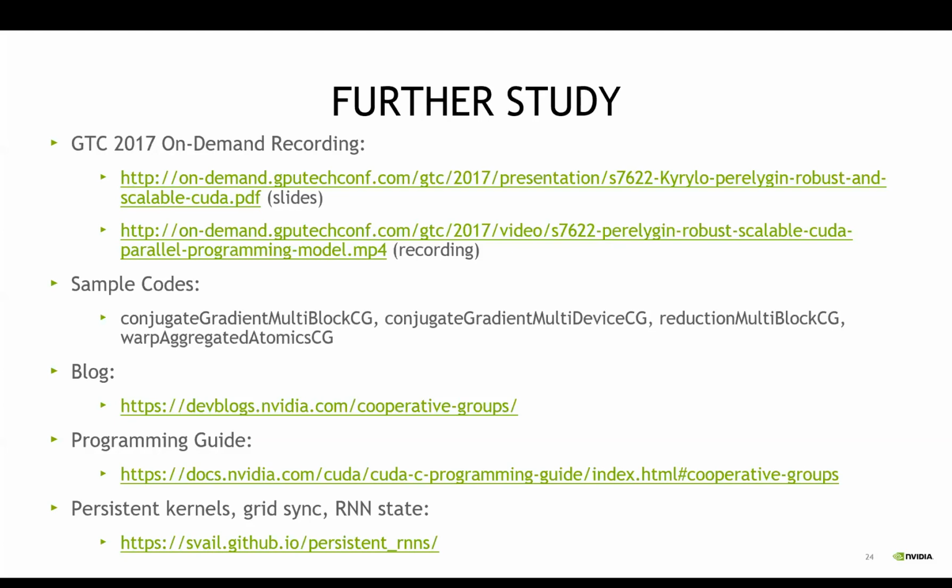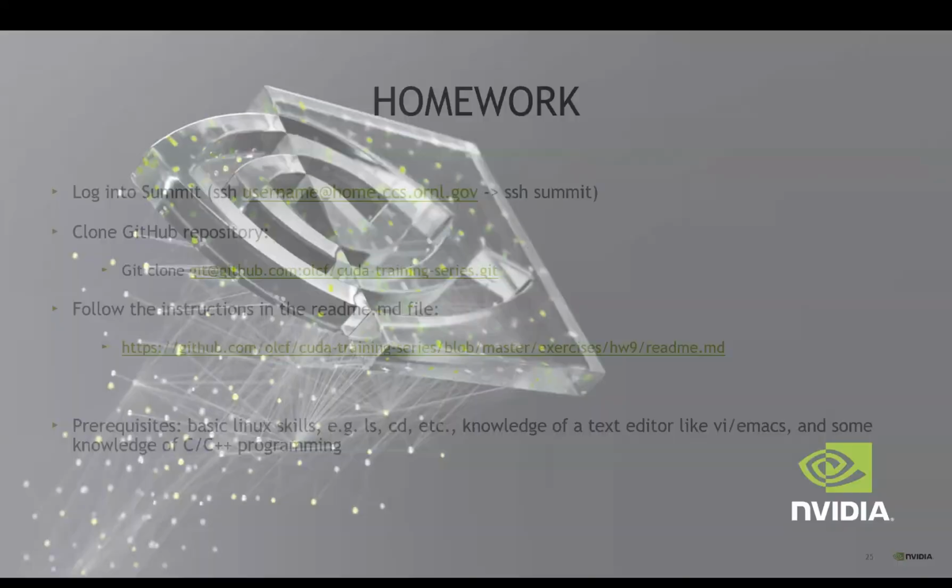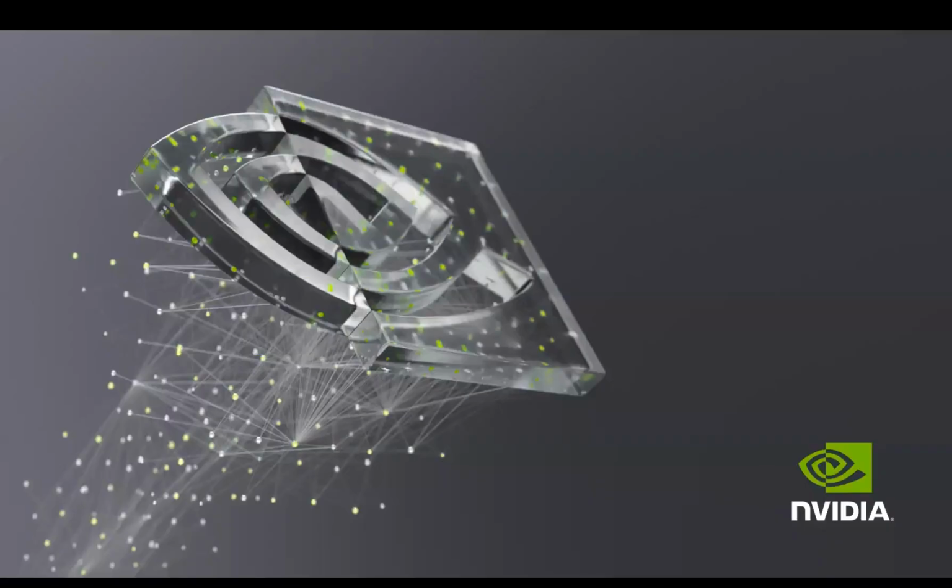It doesn't have anything to do with cooperative groups directly, but it's an interesting article that talks about the desire and the need for the ability to retain persistent state. So if you're interested in persistent kernel design and some of the motivations for that, you can see some of them in that article at that GitHub link. There is a homework available, and I'm going to turn it over to Robbie in just a minute to walk through the homework, and that will bring us to the end of our slides.